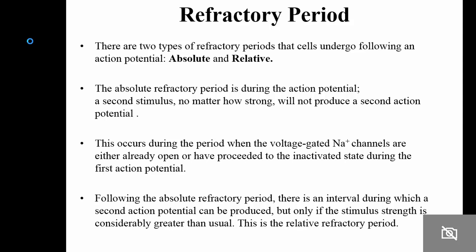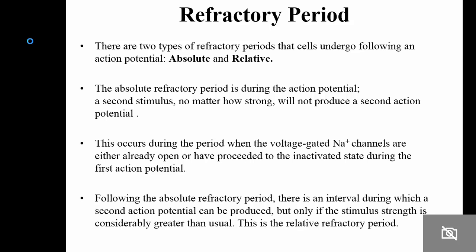During the relative refractory period, which starts about here, if I have a stimulator, okay, a machine that will generate current, and I can connect it to you or the cell, and I apply a super stimulus, not the same stimulus that generated that threshold, but something much stronger, I can actually get another action potential to occur.